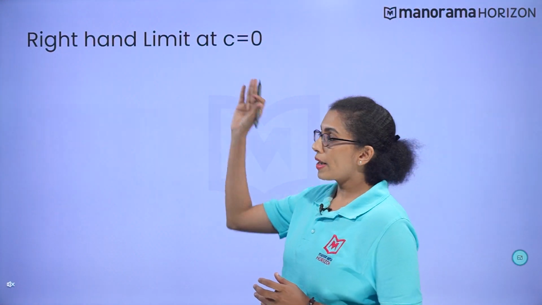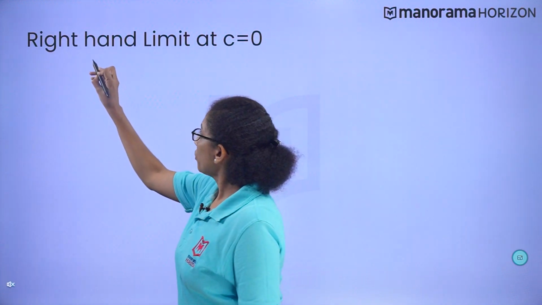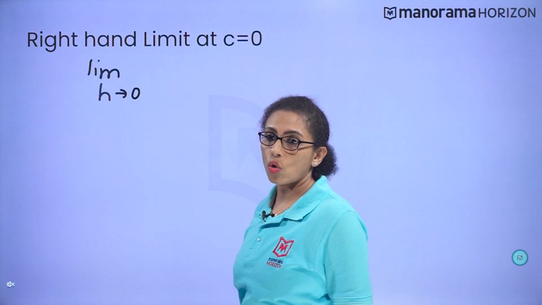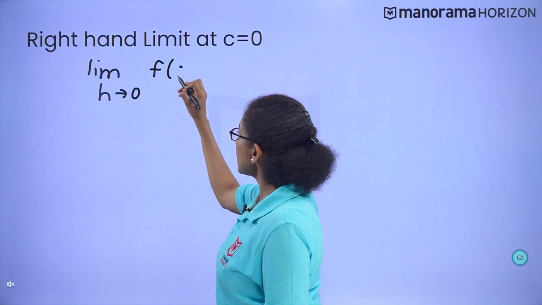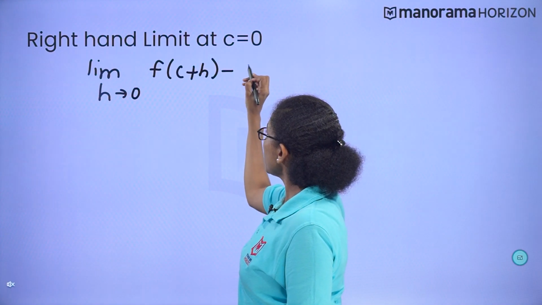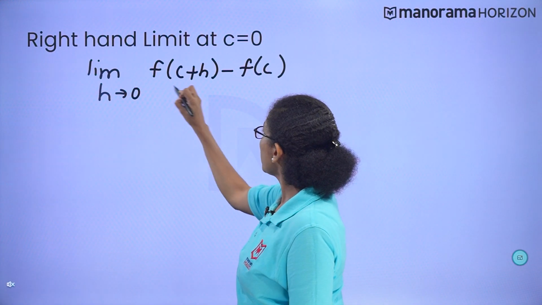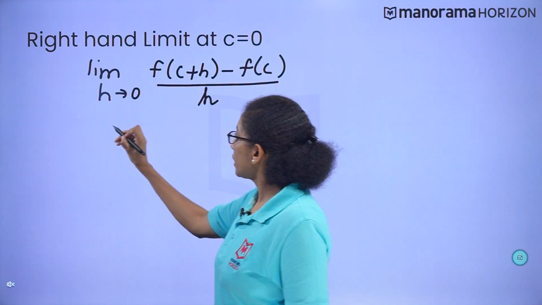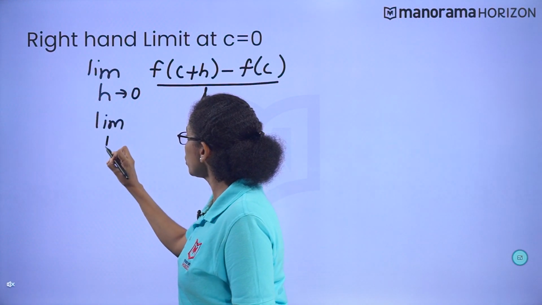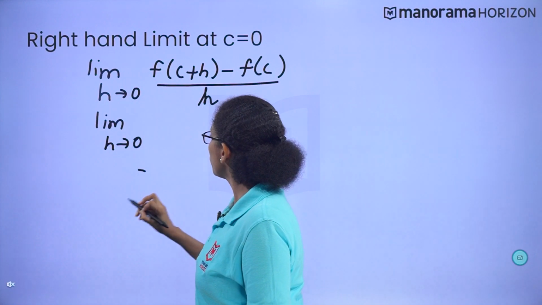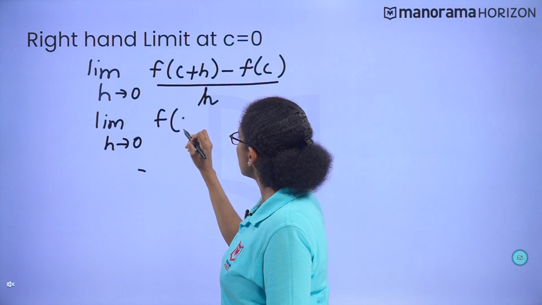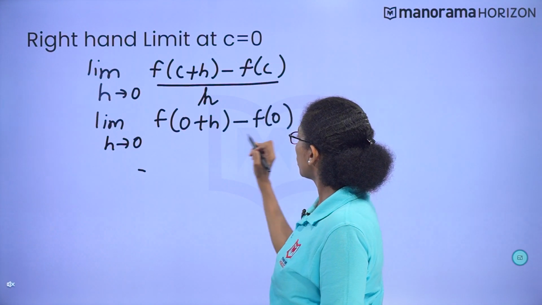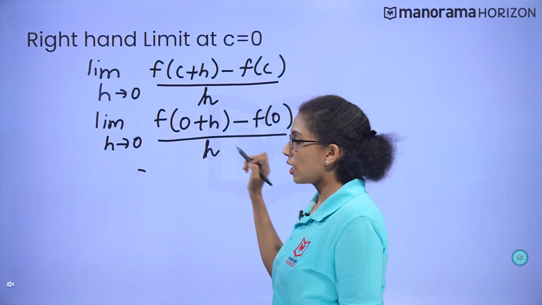Now coming to the right hand limit, it can be written as limit h tends to 0 of f of c plus h minus f of c by h. So substituting c as 0, we get limit h tends to 0 of f of 0 plus h minus f of 0 by h.